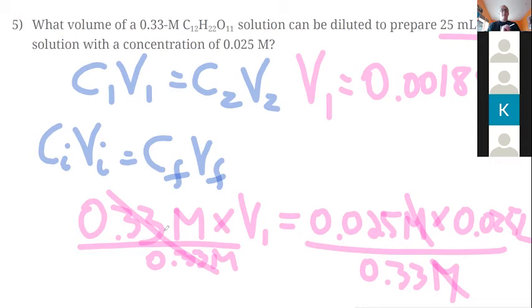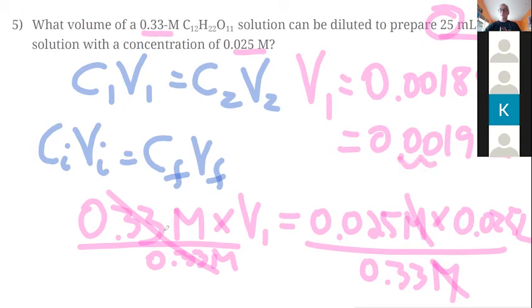And so then we remember to go back and look and see how many significant digits I should report this number in. And there's 2 here, there's 2 here, and there's 2 here. So obviously the answer is going to be 0.0019 liters. You could also present it in milliliters if you want, by shifting the decimal place three times.